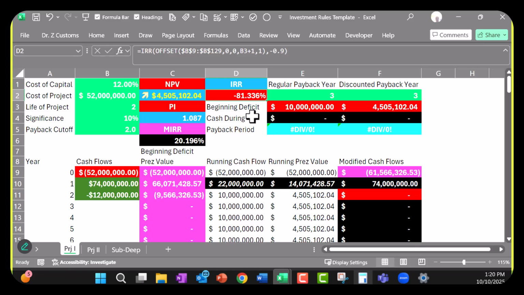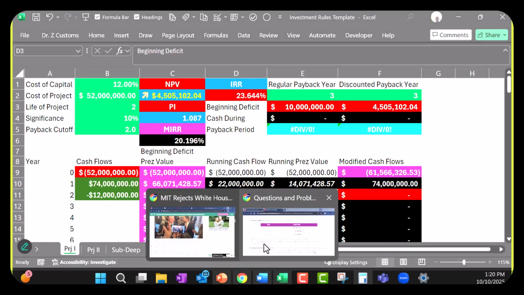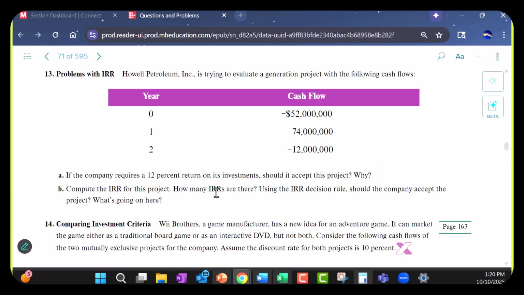When there are multiple solutions, the entire concept of IRR is completely ill-defined. So there is nothing internal about this. Negative 81% solves the equation, but so does 23%. So IRR is completely useless as an investment criterion in such cases.